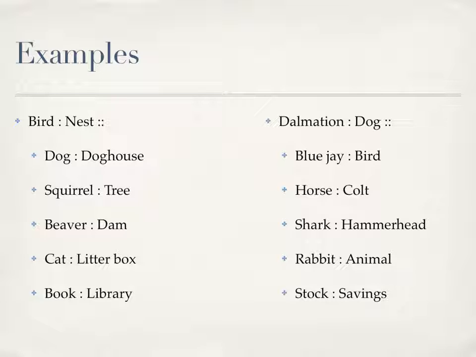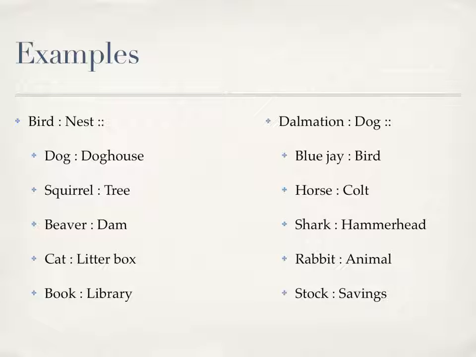If multiple answers seem correct, you need to refine the relationship between the paired words to be more specific. So for instance, a bird lives in a nest, just as a squirrel lives in a tree and a dog lives in a doghouse. But if you reassess the logical thinking here, a bird builds a nest, just like a beaver builds a dam. So in this case, the correct answer is beaver is to dam.